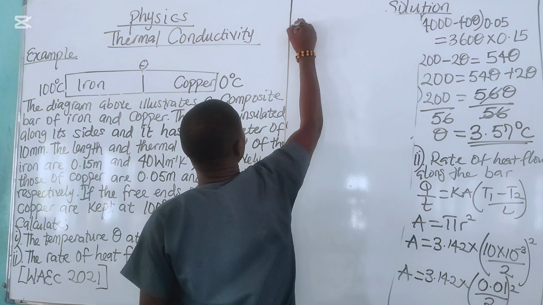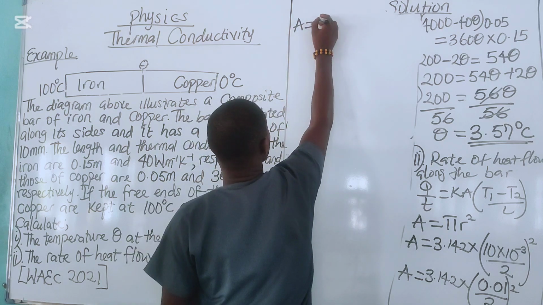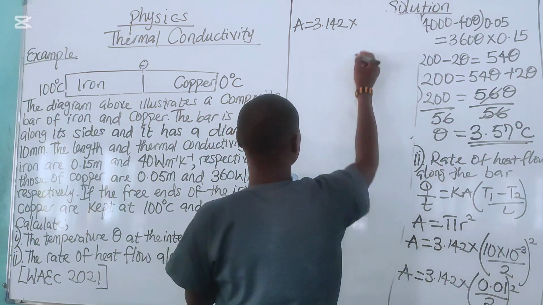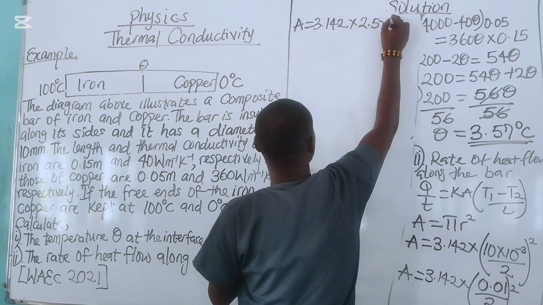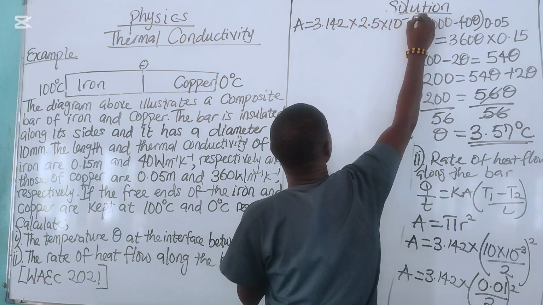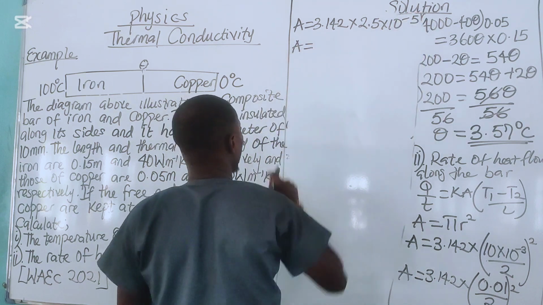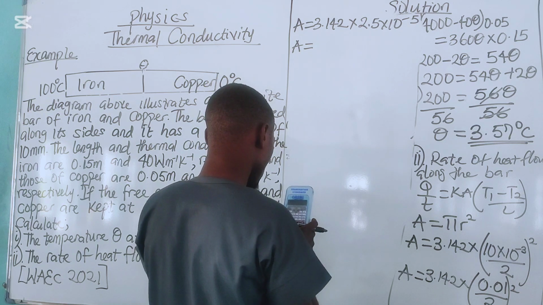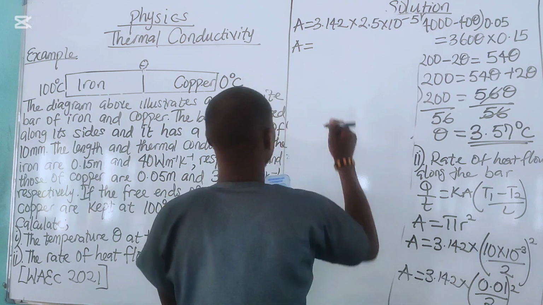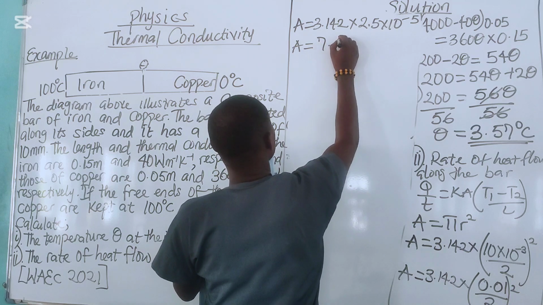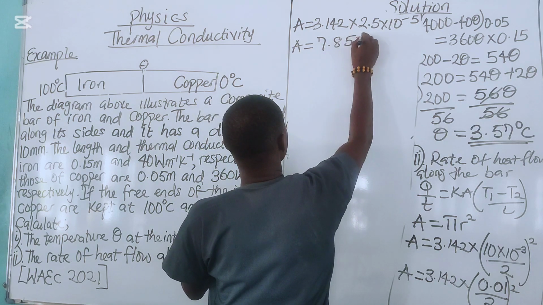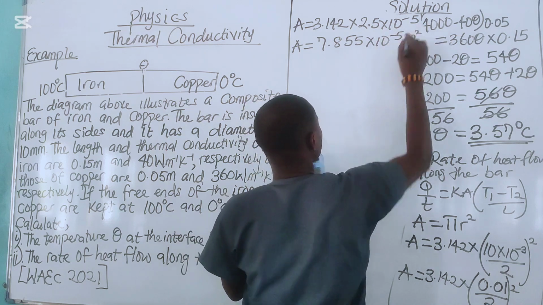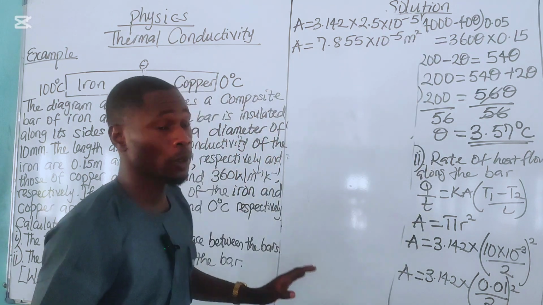So our area becomes 3.142 times 2.5 times 10 power minus 5, which is 7.855 times 10 power minus 5 meters squared. This gives us the area of the composite bar.